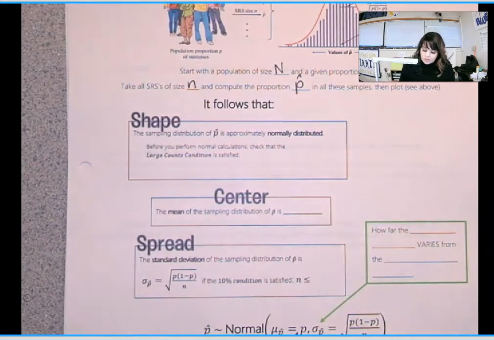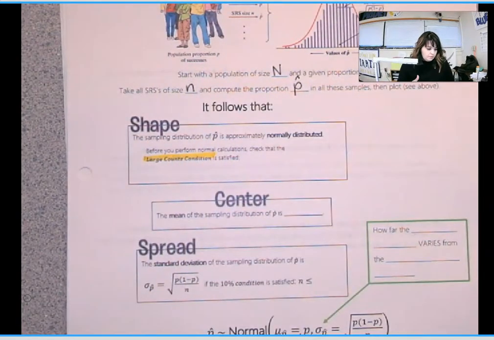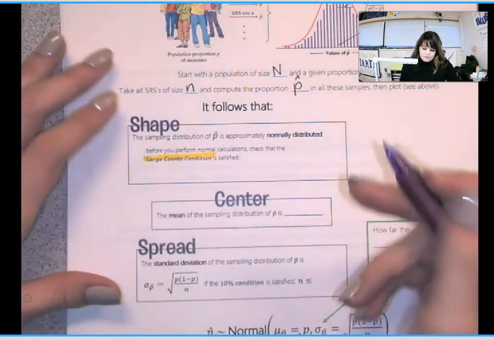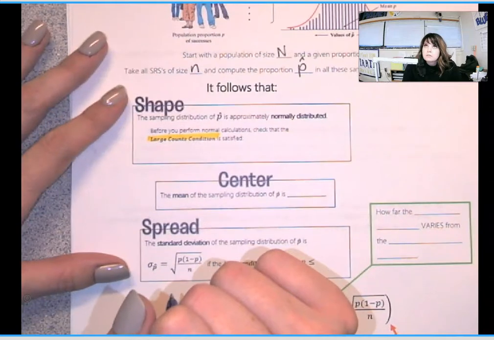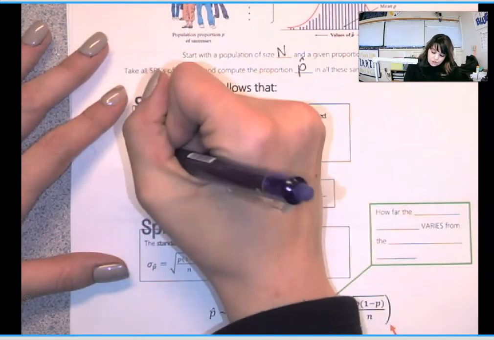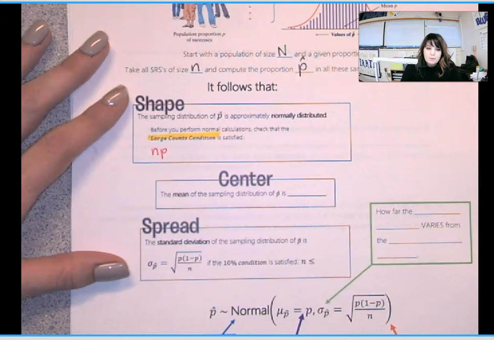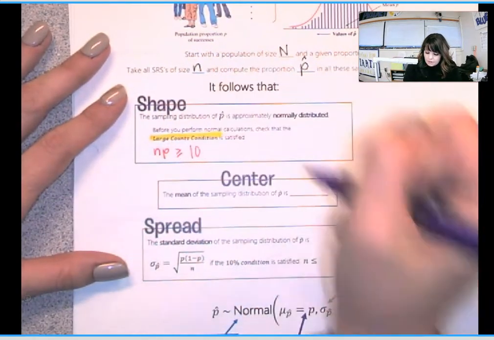The large counts condition is verifying that if you take your sample size and multiply it by the true proportion, that's greater than or equal to 10.